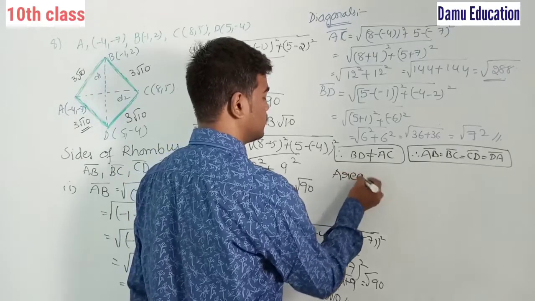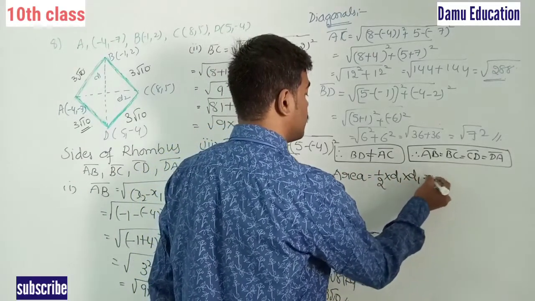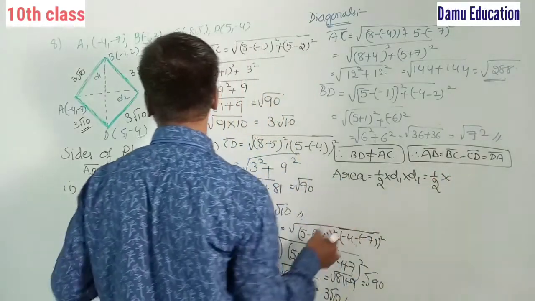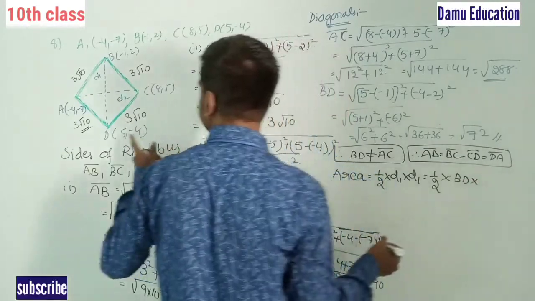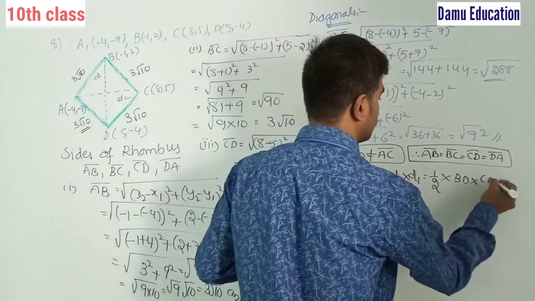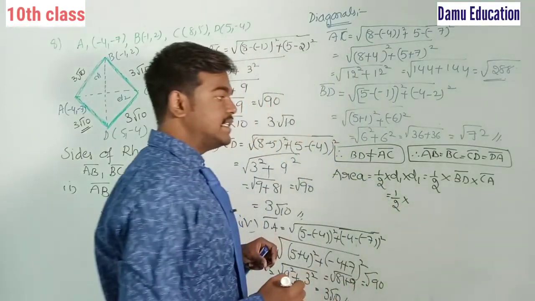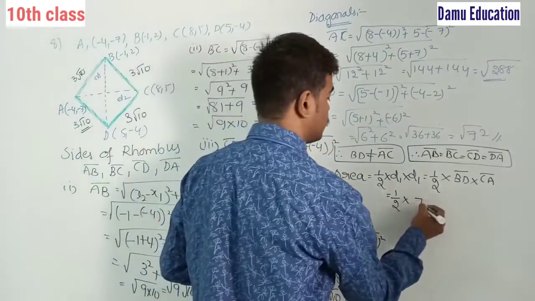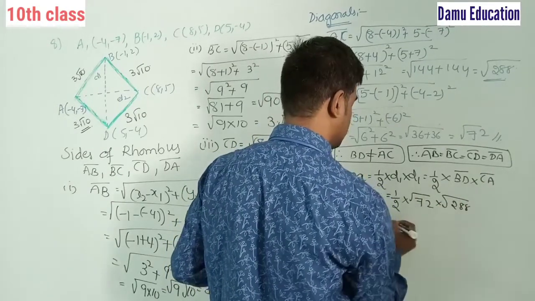Next, the area of the rhombus. We have to find half into D1 into D2. We consider D1 as BD and D2 as CA. So half into square root of 72 into square root of 288.